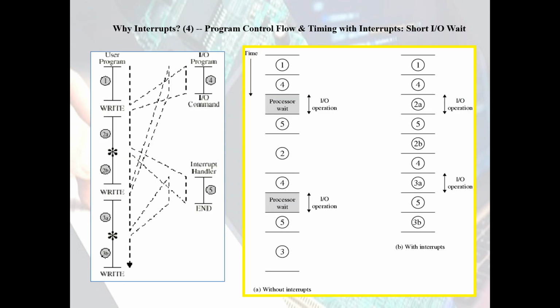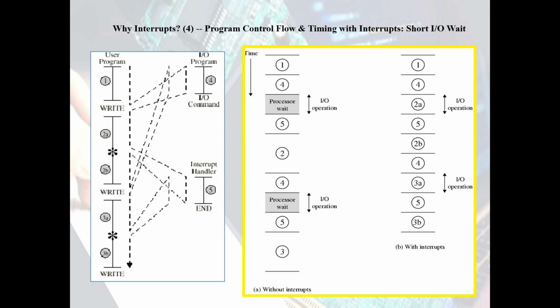Program control and timing with interrupts involving short input-output wait refers to a situation where a computer program, while executing instructions, may be interrupted briefly to wait for input or output operations to complete. In simpler terms, interruptions known as interrupts can occur during the program's execution to handle external events such as input or output requests.